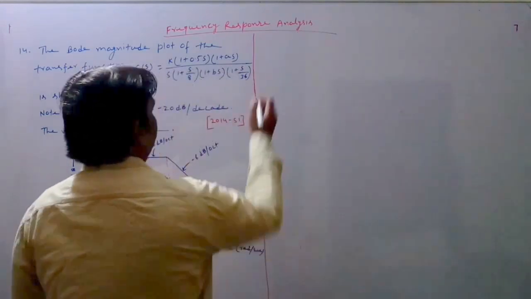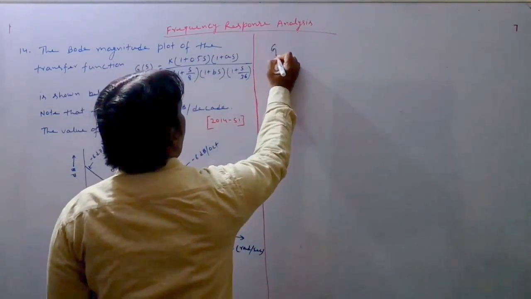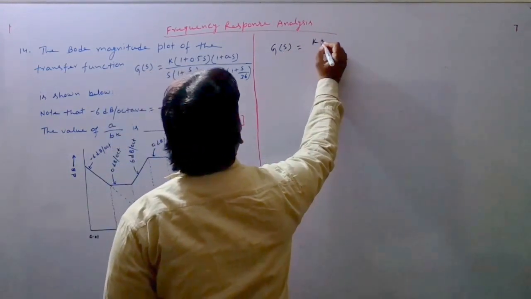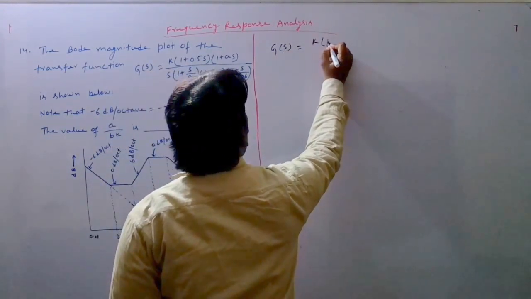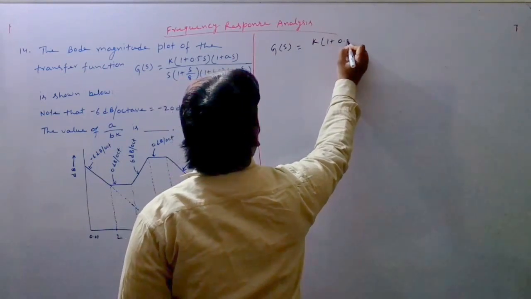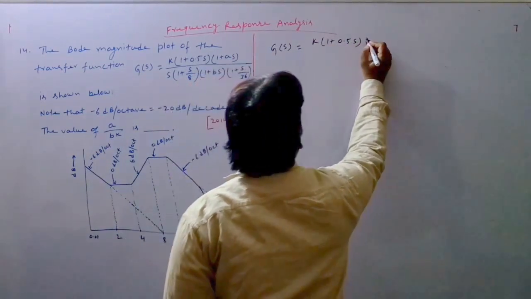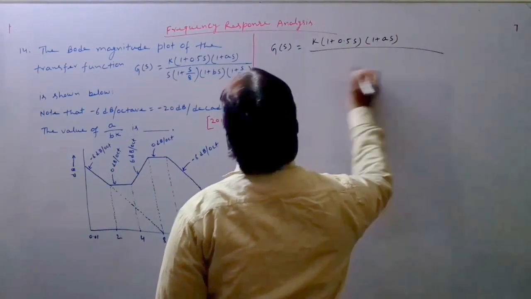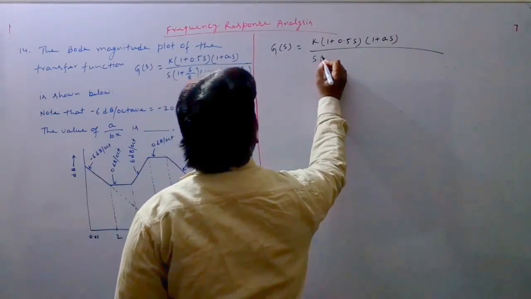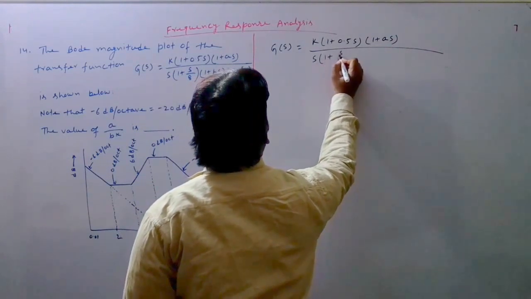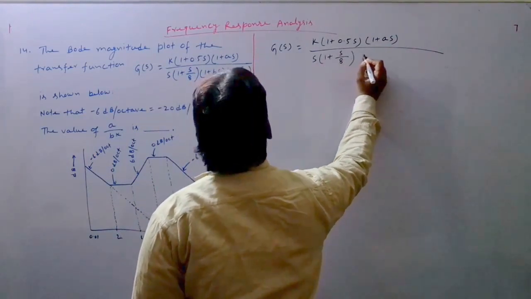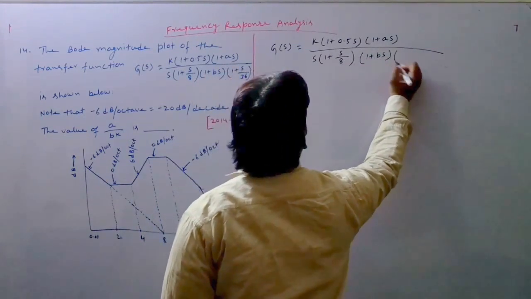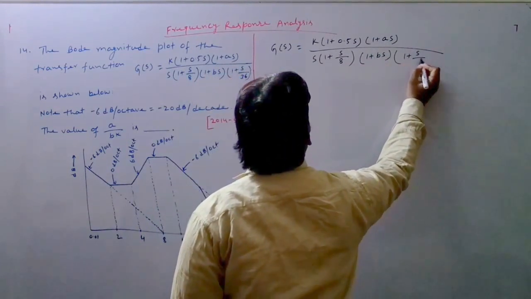The transfer function is G(s) equal to K multiplied by (1 plus 0.5s) into (1 plus as), divided by s into (1 plus s by 8), (1 plus bs), (1 plus s by 36).